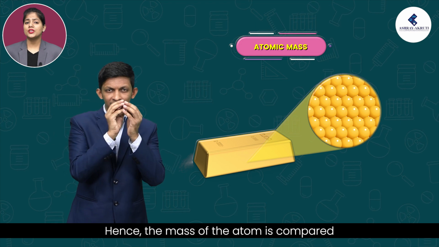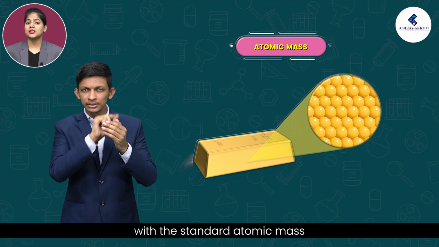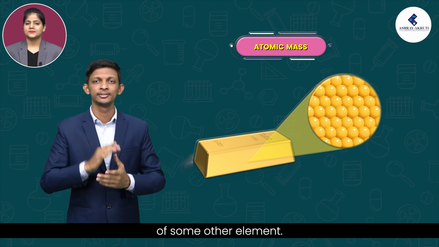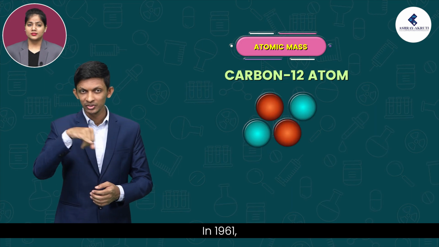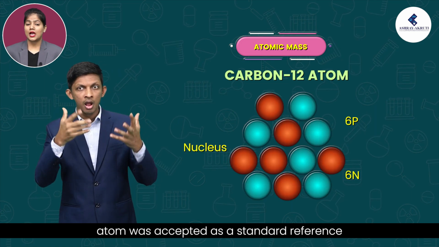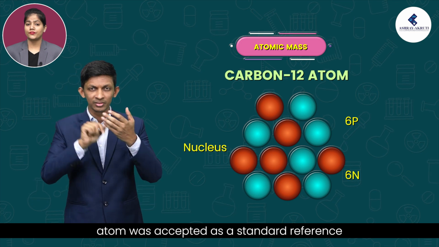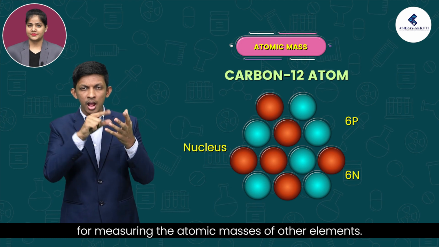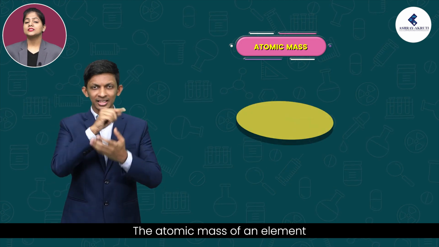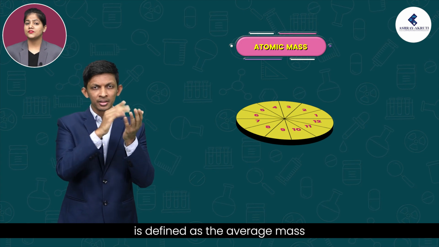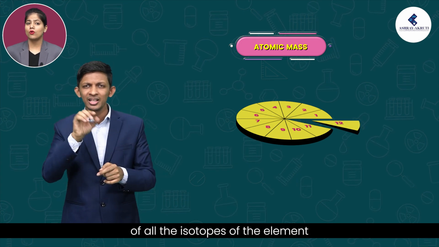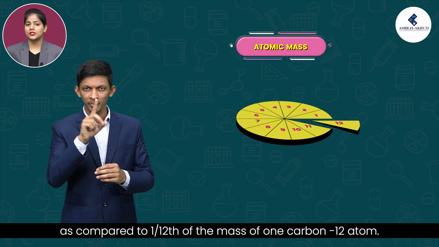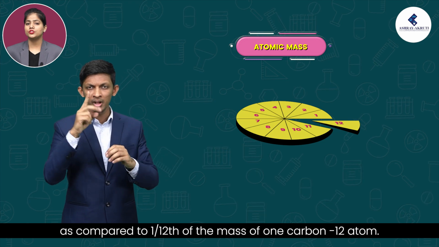Hence, the mass of the atom is compared with the standard atomic mass of some other element. In 1961, the mass of the carbon-12 atom was accepted as a standard reference for measuring the atomic masses of other elements. The atomic mass of an element is defined as the average mass of all the isotopes of the element as compared to 1/12 of the mass of one carbon-12 atom.